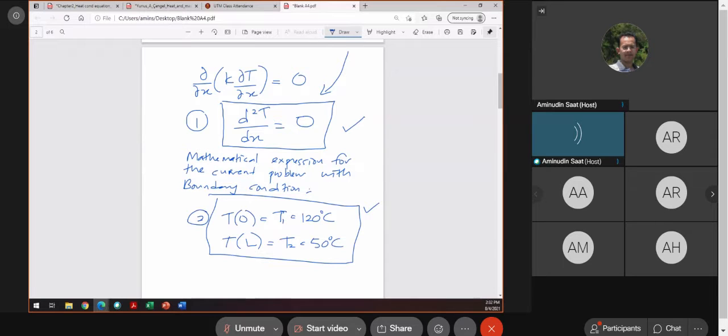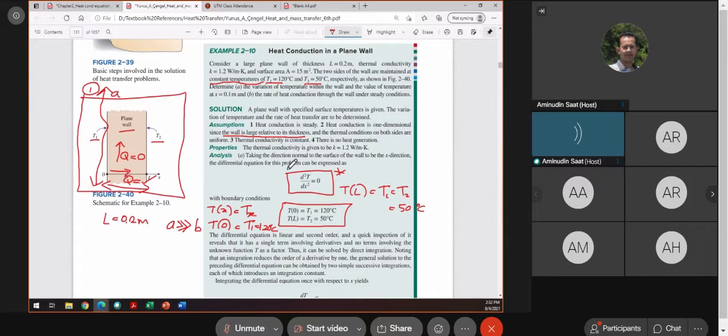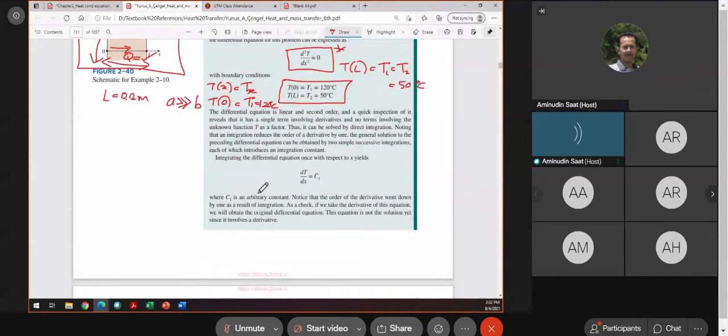In fact, you need to do some integration. Looking at the problem here, by having this boundary condition and the simplified general heat conduction equation, you need to do some integration steps. This is where you apply your knowledge from engineering mathematics. I believe all of you already took this course.